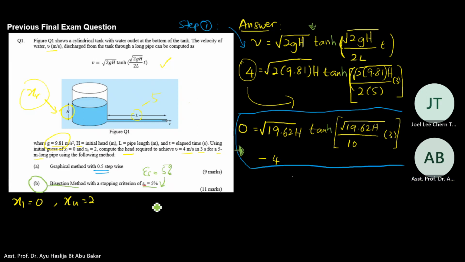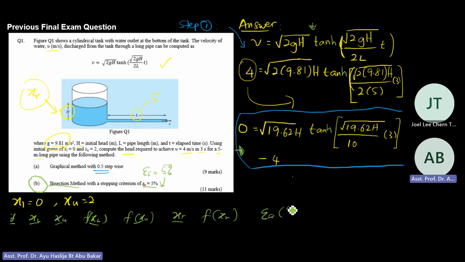So now, start your iteration using bisection. What else do you need? XL, XU, FXL, FXU, then XR, FXR, then the EA in percent.